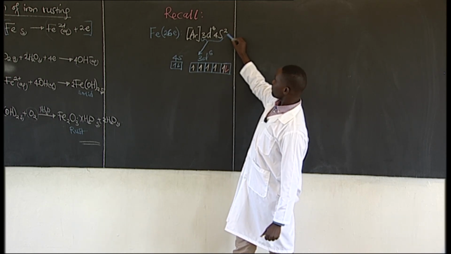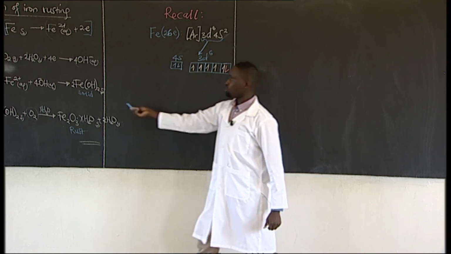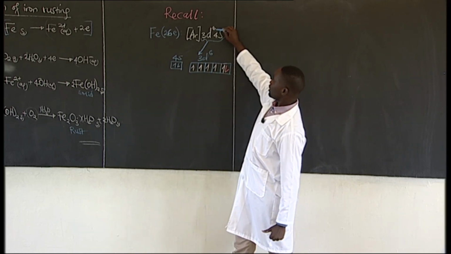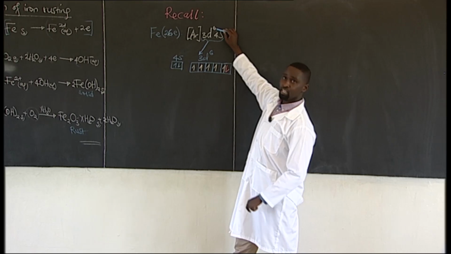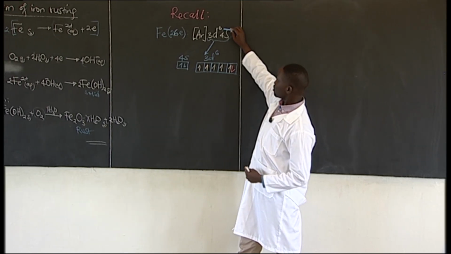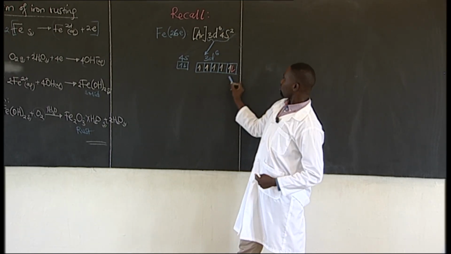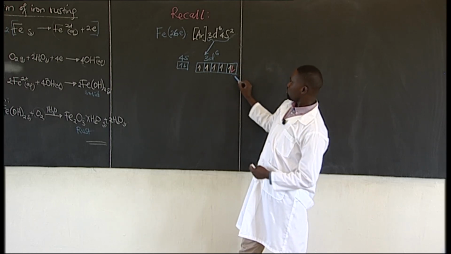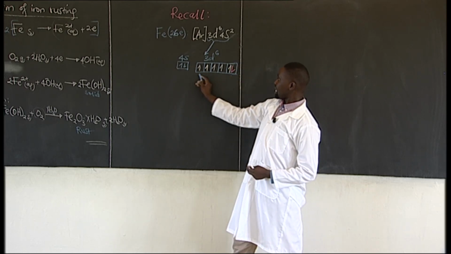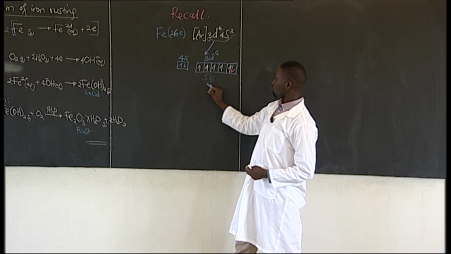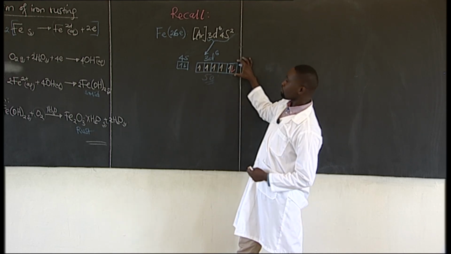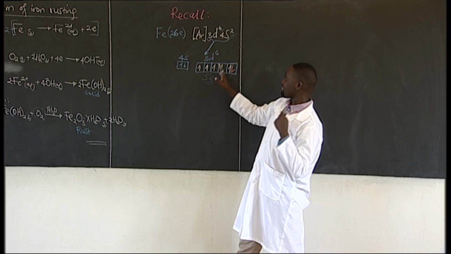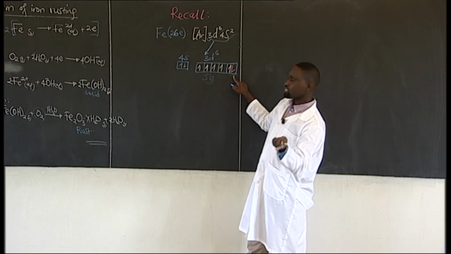When it loses the first 2 electrons to form iron 2 hydroxide, it is only remaining with 6 electrons in its outermost shell, the 3d. So it easily loses this single electron since it is paired up. The 3d then has 5 electrons, which is half the number of electrons that can occupy the d orbital. And in that case, it becomes stable.